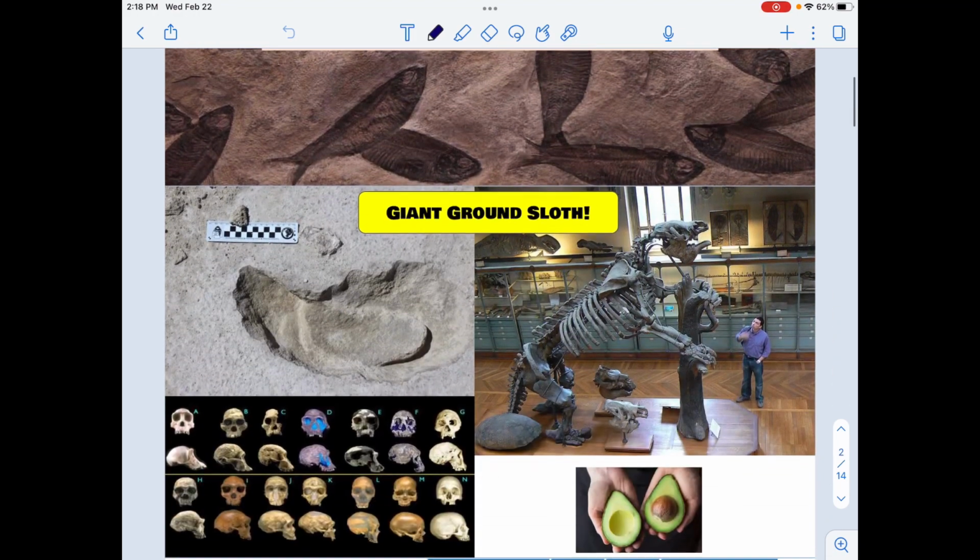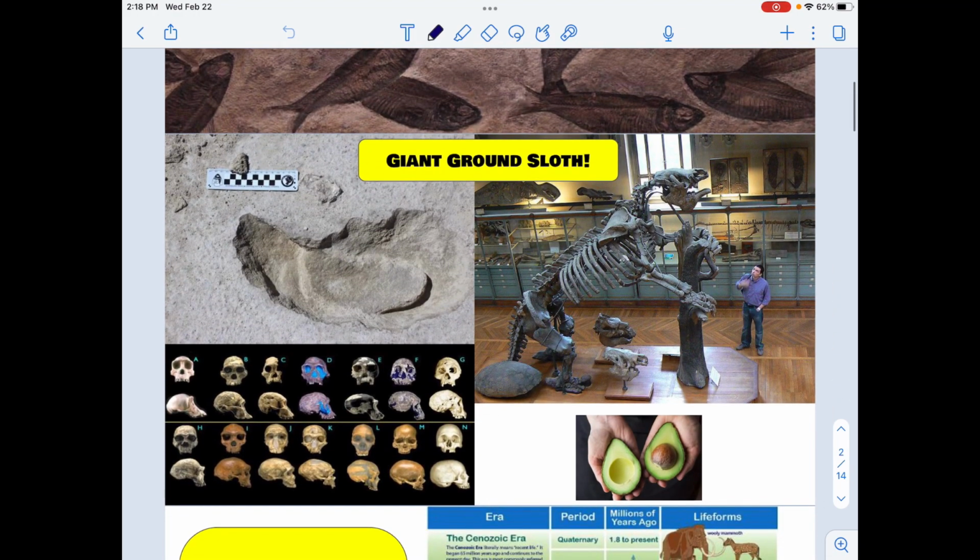All right, so let's get going here. A giant ground sloth. Maybe you've been to museums and you've seen some things like this where you're like, that looks terrifying, and it's absolutely huge. And fossils can help tell us a story, and they can help to explain the past and how things have evolved. If you look on the left, you can see that there's a human footprint inside of this giant sloth footprint.